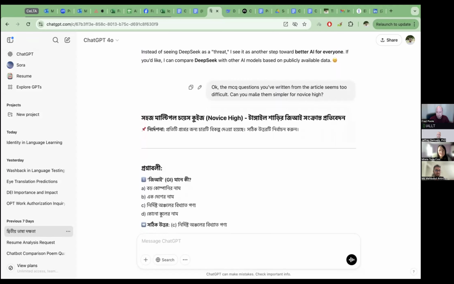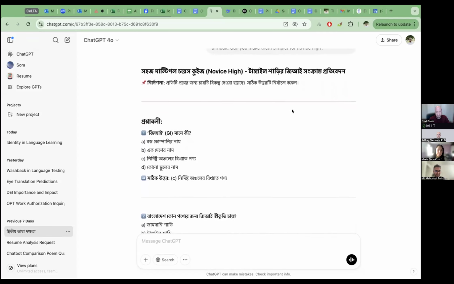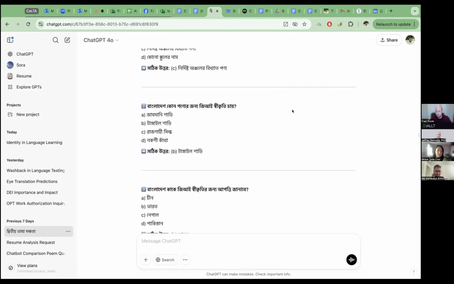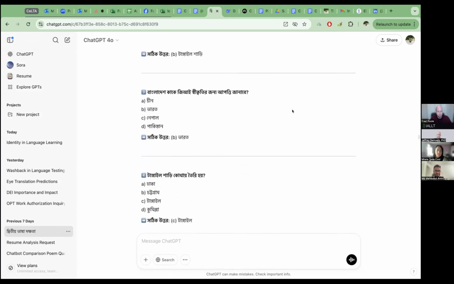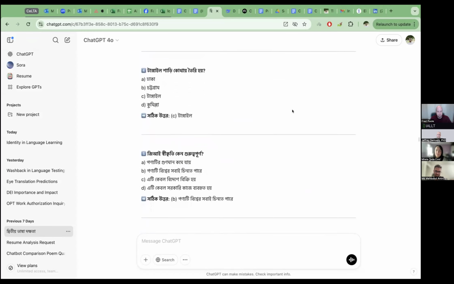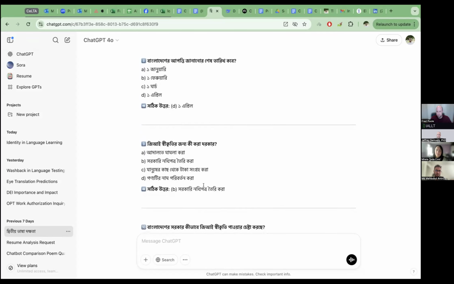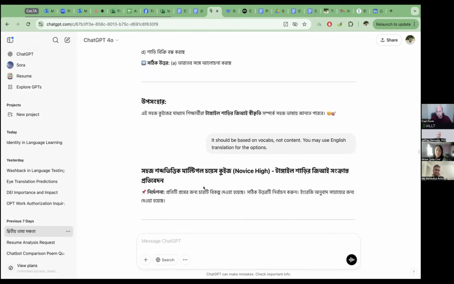And then I went back to the pedagogical task. I said the MCQ questions you have written from the article seem too difficult, can you make them simpler for novice high? But it did not do a good job, maybe because it doesn't understand the level of words here. It's almost the same, still difficult for anyone, not novice high. Then I said it should be based on vocabulary.